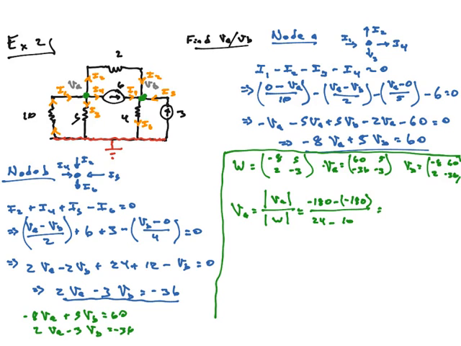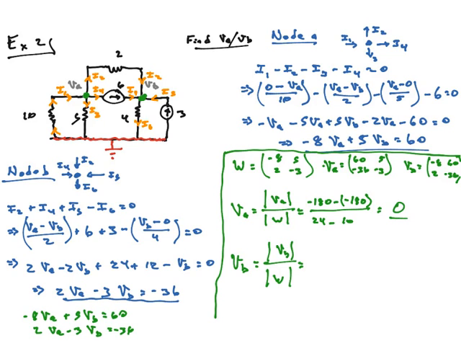All right, so negative 180 plus 180, well, this is just 0, so VA is 0. All right, what else? VB. It's the determinant of VB matrix over the determinant of the W matrix.